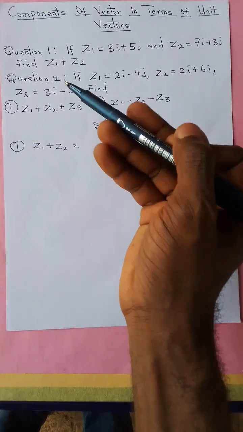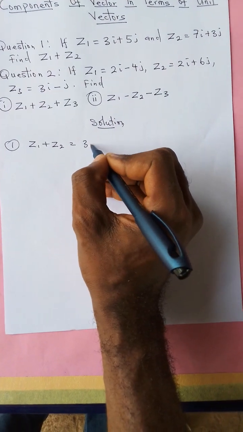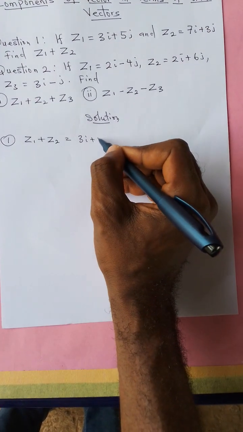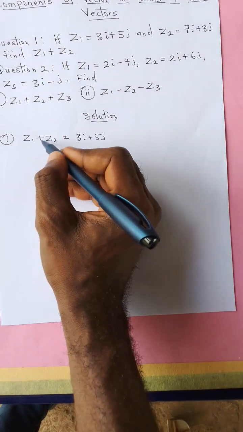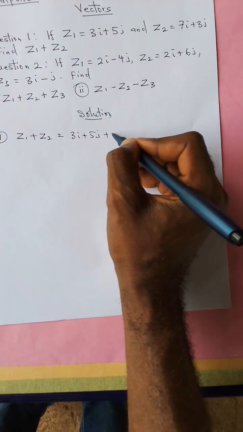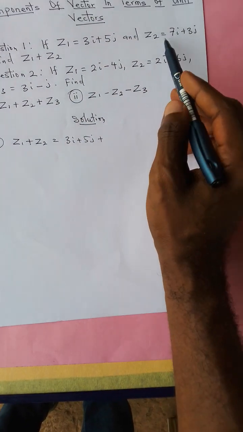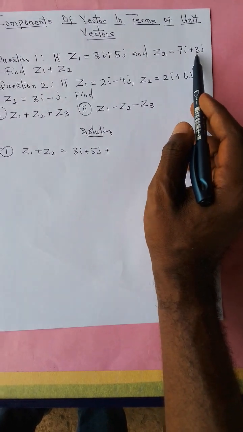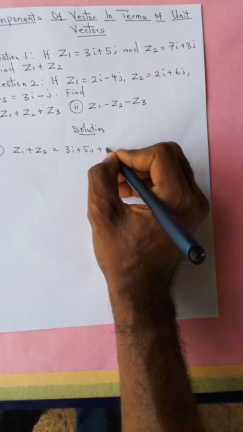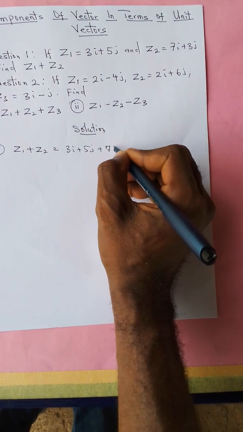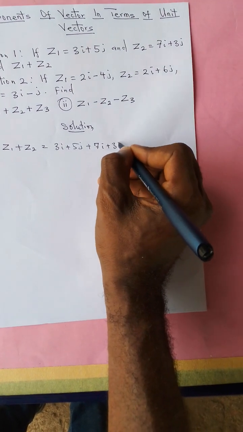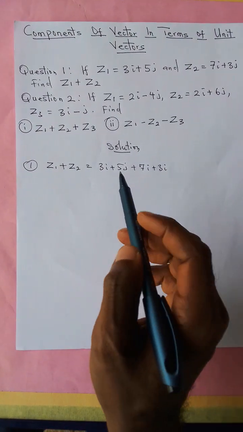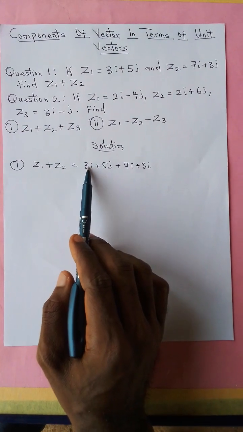Z1 is equal to 3i plus 5j. Now plus here, plus Z2. Now go to Z2. What's the value of Z2? Z2 is equal to 7i plus 3j, right? So bring it here, 7i plus 3j. So now what we need to do is to collect like terms.